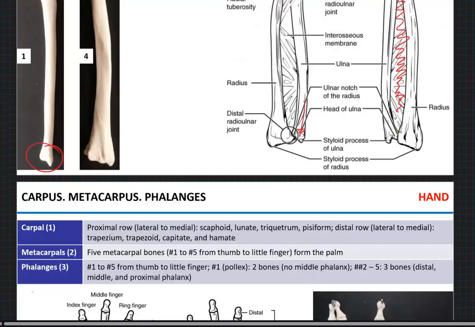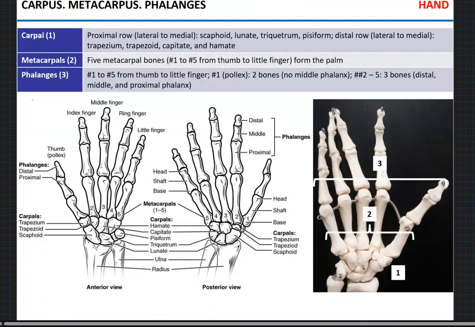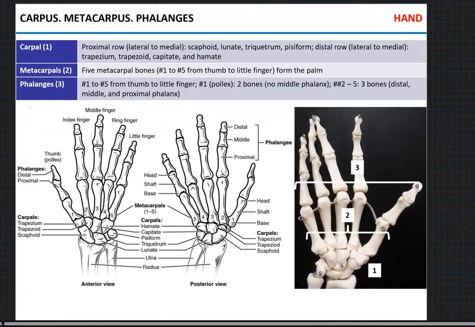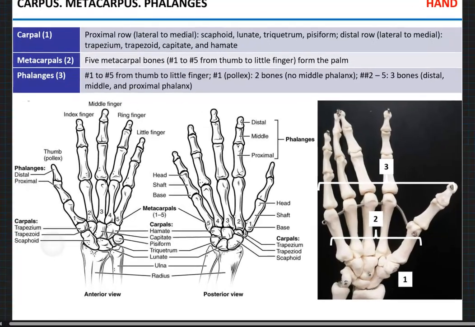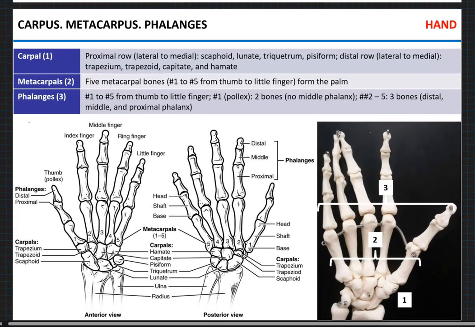Now we are getting into carpals and metacarpals. So I have good news for you folks. On the anatomy exam, questions about carpals and about tarsals are extra credit, because it's hard.